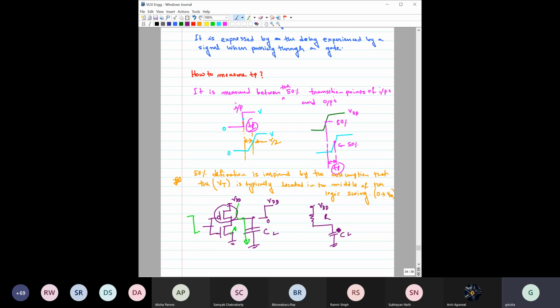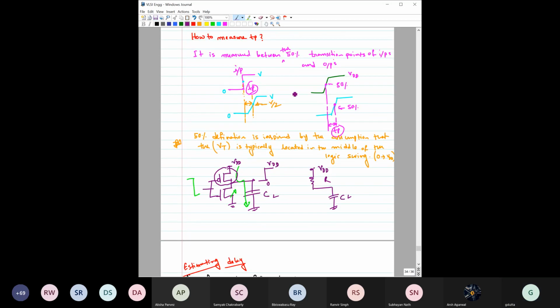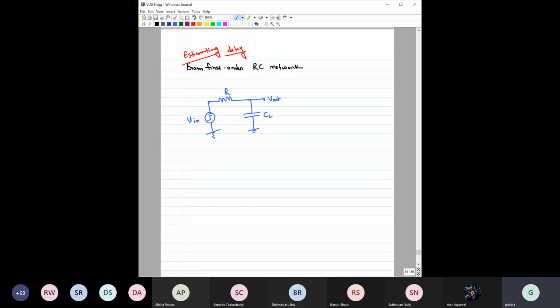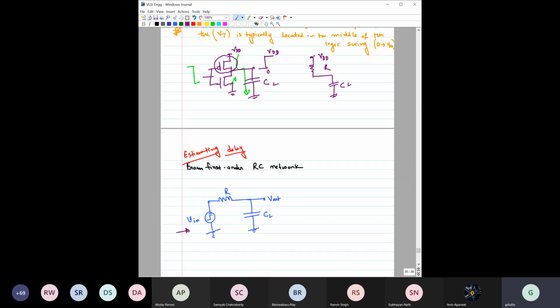So we often use the first order RC model to estimate the delay for these digital ICs, and that is what we are going to do here. We are trying to estimate the delay from the first order RC network, and I hope you have realized why I have drawn this type of circuit, because you can make a correlation between these two.